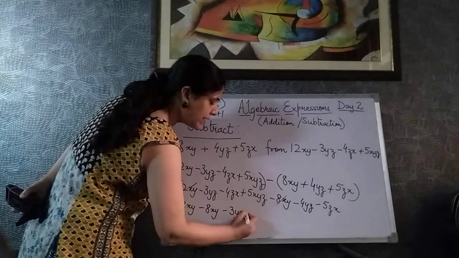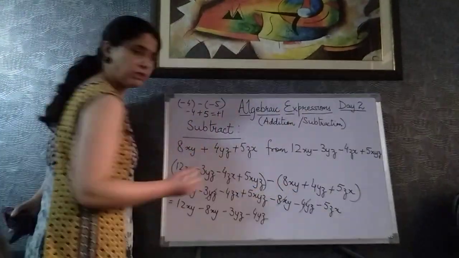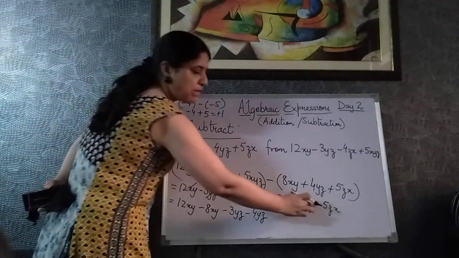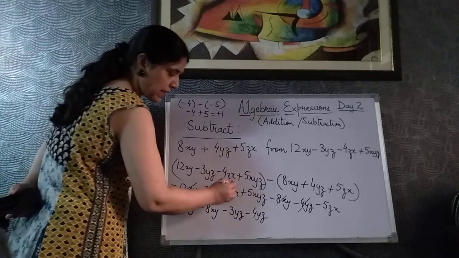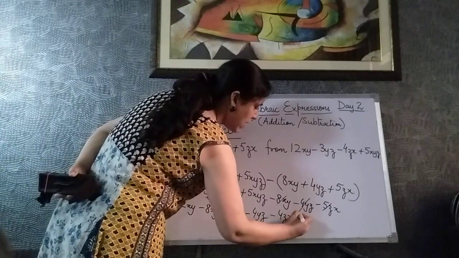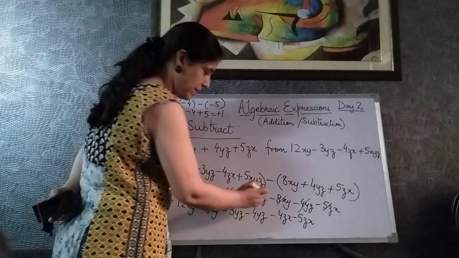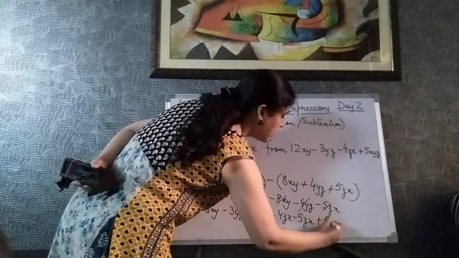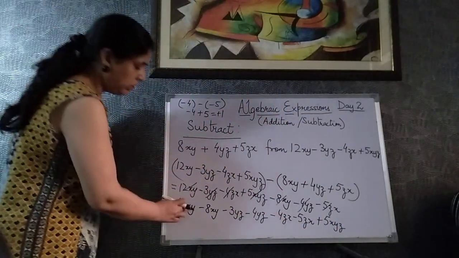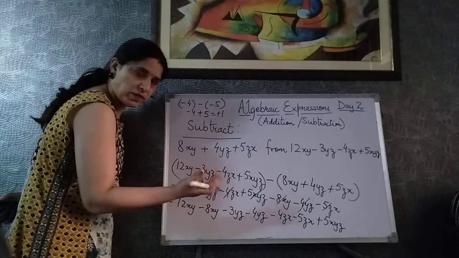Don't put any bracket, children, that creates a lot of confusion. Next is minus 4zx and minus 5zx, they belong to the same family. Then left is 5xyz. Cancelling is important to understand that you have taken all the terms. Now xy are the like members: 12 minus 8 is what? Plus 4.